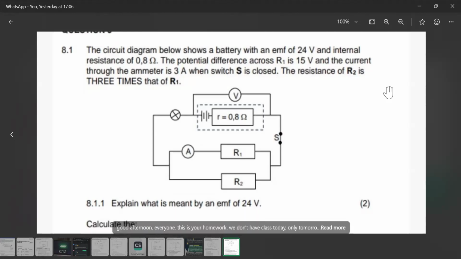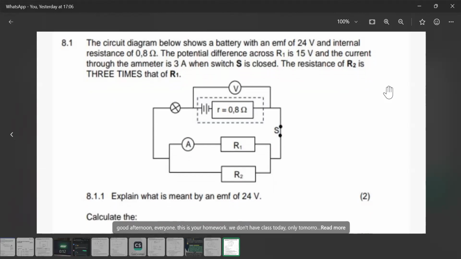So here they say the circuit diagram below shows a battery with an EMF of 24 volts and an internal resistance of 0.8 ohms.